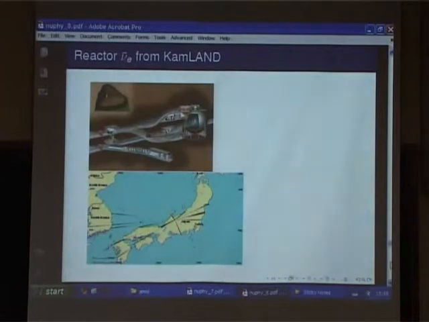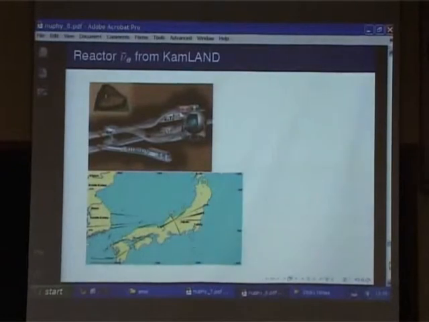What the Japanese did is they figured out that the site of the Kamioka experiment was surrounded by many nuclear reactors. All nuclear reactors give anti-electron neutrinos. We know nuclear reactors, so we know what the energy spectrum is. Firstly, reactors give lots of neutrinos because they have very large energy output.